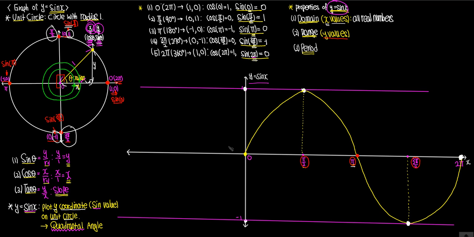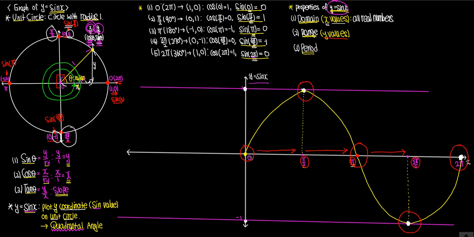For y equals sine x, it always starts off at 0, and as the angle increases, it will have its maximum point as positive 1 when the angle is pi over 2 radian, and as x increases it goes back to 0 again. And as the angle reaches 3 pi over 2 radian, the y value is -1 and gets back to 0 as the angle finishes its period.